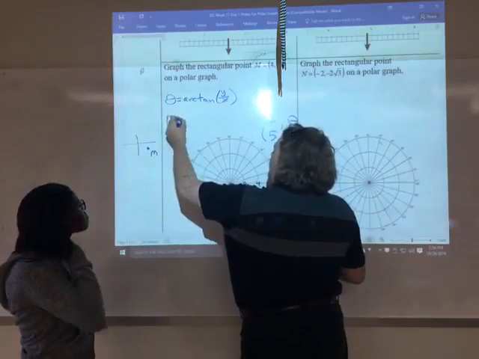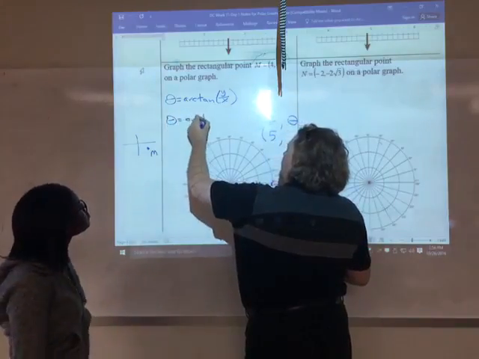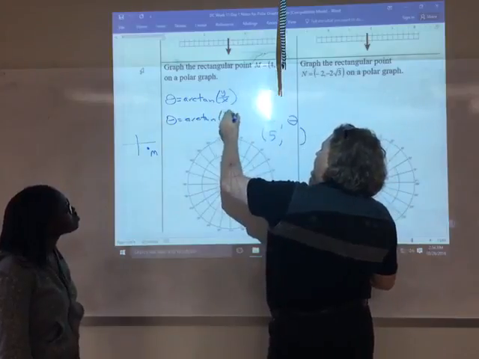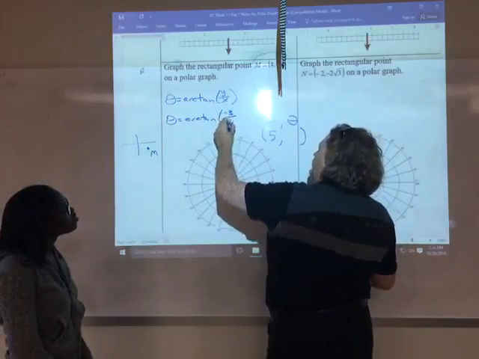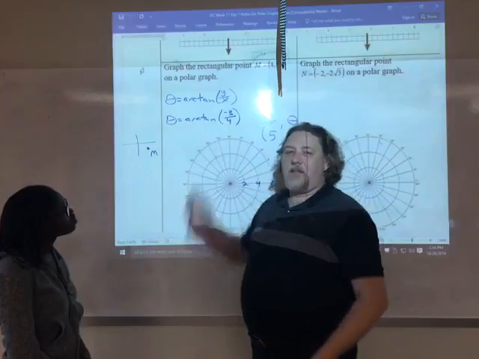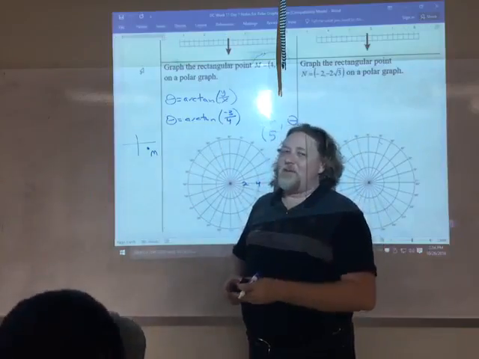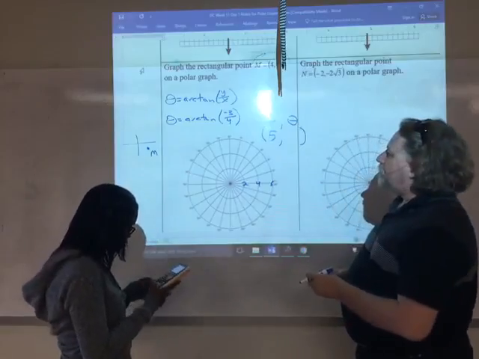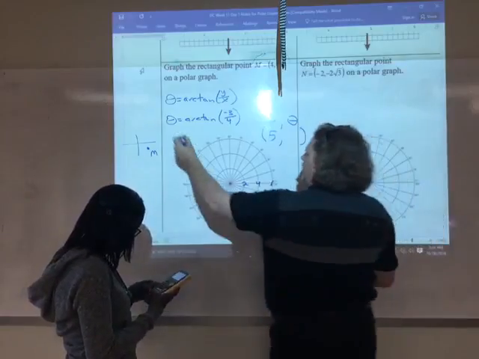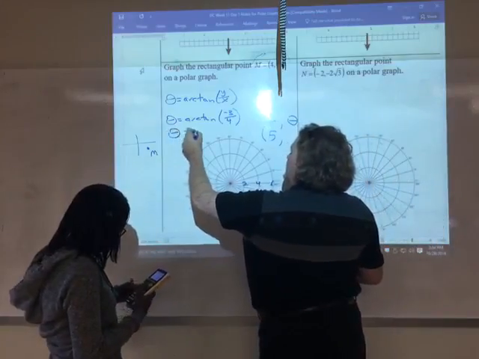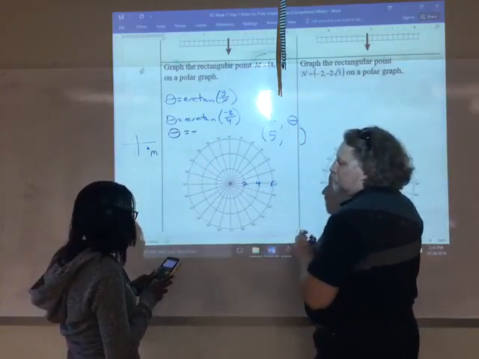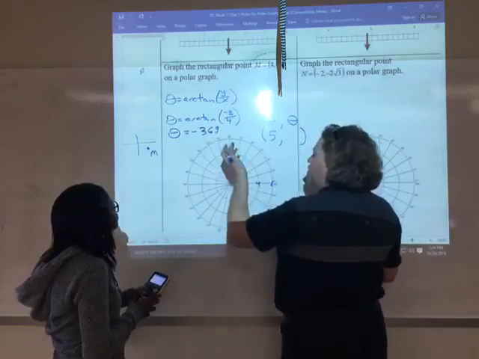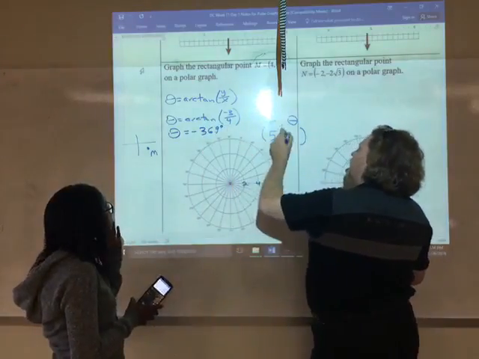So theta is the arctangent of y, which is negative 3, over x, which is 4. And this is not something that's on the unit circle, so I have not memorized it. We'll go to the calculator and find the angle. Negative 36.9. So we're just going to round that to negative 37 degrees.